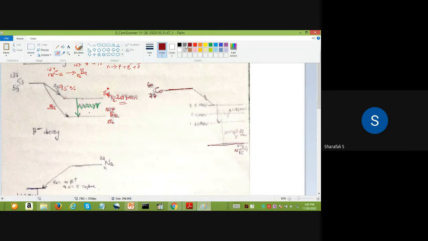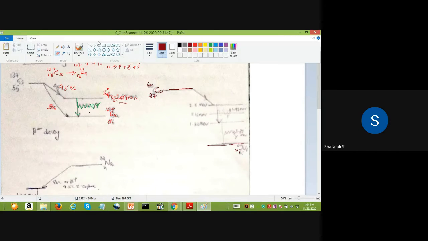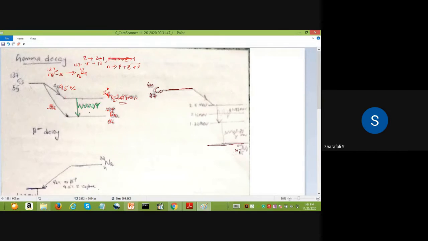So this is 27, cobalt 60 and 27, that is decaying into, actually this is nickel. This is nickel, it is 20, sorry, I should not write it there. So this is nickel 28 with the 60.